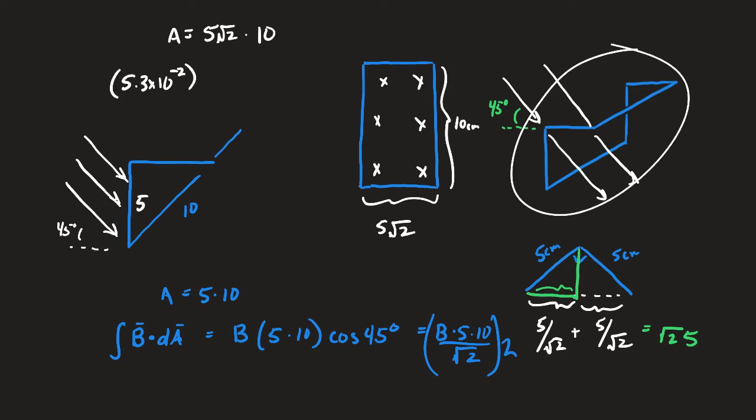You would have to use yours. That's the B dot A. My area has to be not 5, but 0.05. I have to put it in meters, times the root of 2, times 0.1 to put it in meters. So now I have meters squared there. And that's going to be the flux.